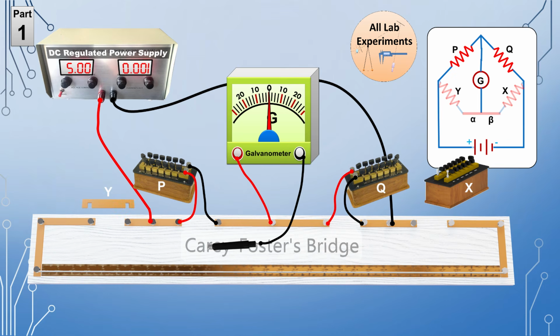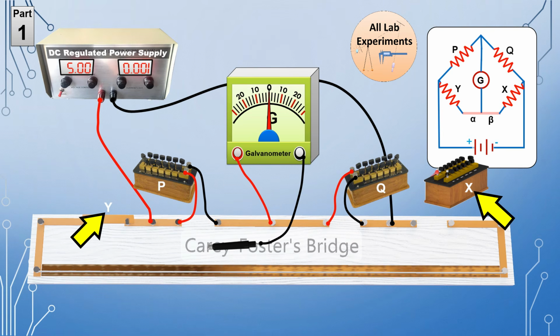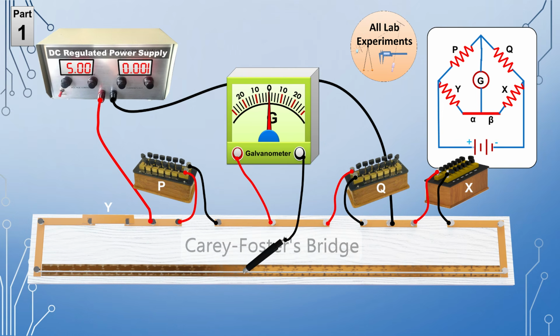Now we will switch this X and Y. At the place of the fractional resistance box we are putting the copper strip, and at the place of the copper strip we are going to put the fractional resistance box, and we'll connect it with the bridge once again. Now again, for this arrangement we are going to find our stable point, measure it from the left end of the bridge and call it L2.